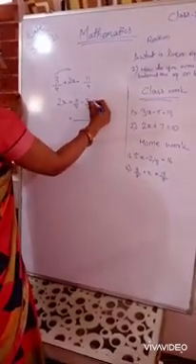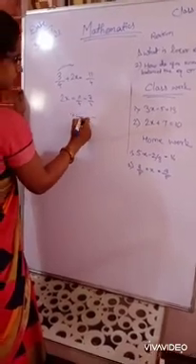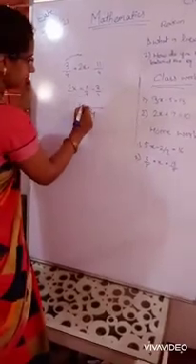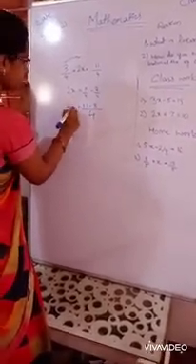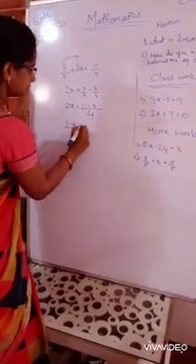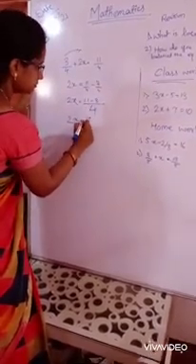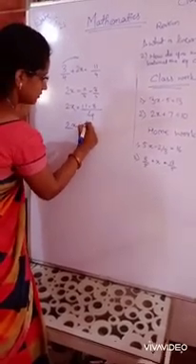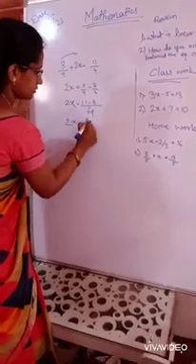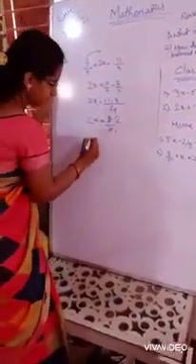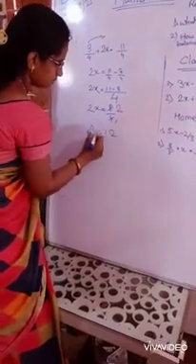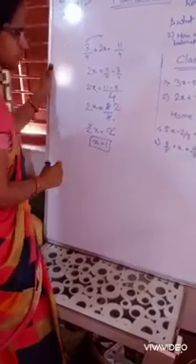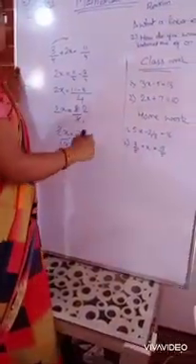The denominator is the same, so it stays the same. 2x equals 11 minus 3 upon 4, which is 8 upon 4. It is cut, 2x equals 2. 2 is the same, so x equals 1. So you can solve this question the same way.